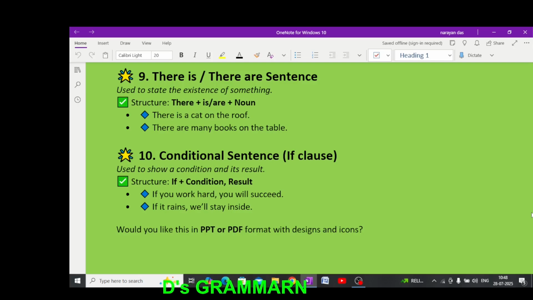Now, conditional sentence structure. Students, I have attempted this for lower classes. That is why I have not given all the conditional sentence structures. You can follow my other videos where conditional structures are explained, and I will also give conditional sentence structures for lower classes. Here only two examples.